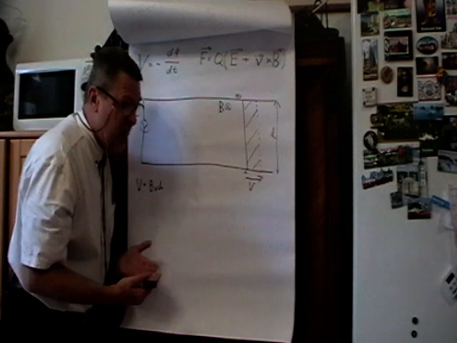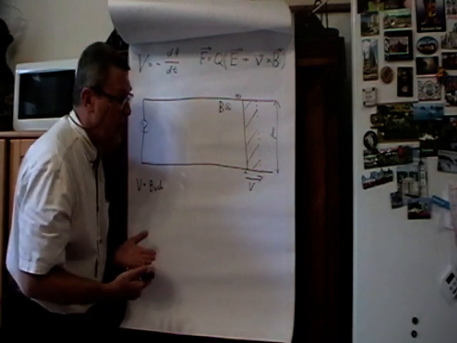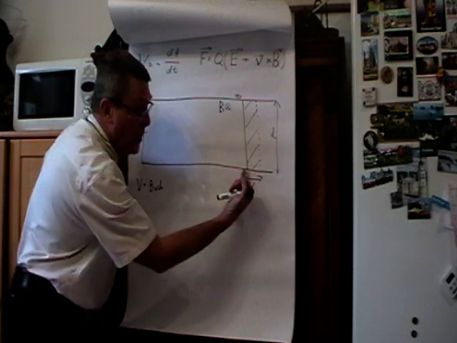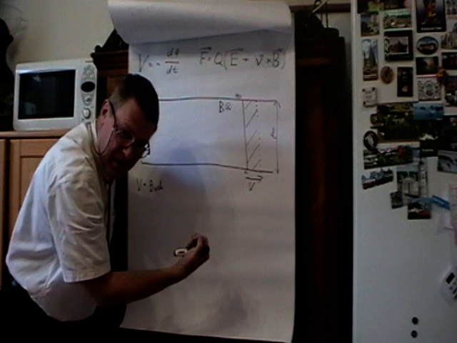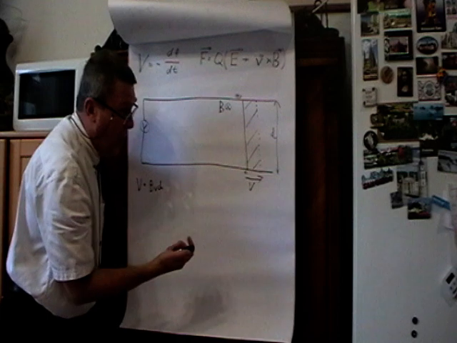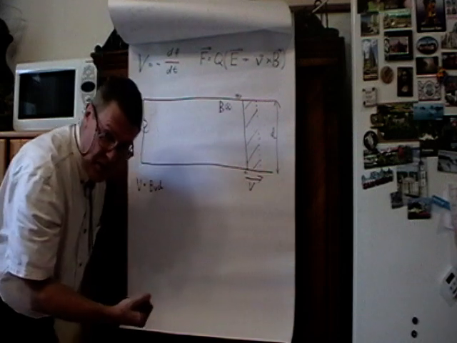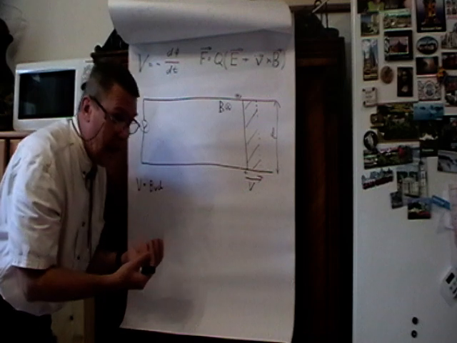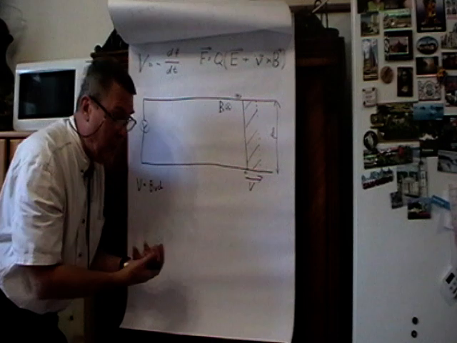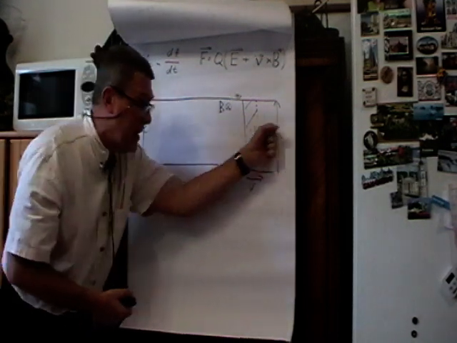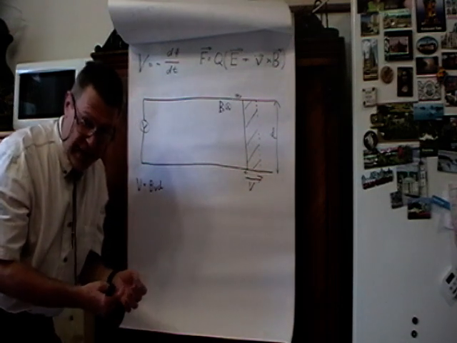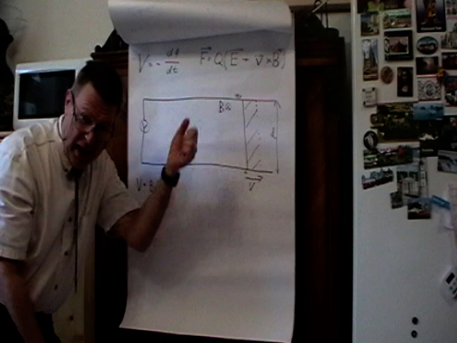And this field strength within the conductor would act against the movement of the electrons. It would drag them back to their nuclei. And the equilibrium would be reached if and only if the force that is caused by movement in the magnetic field would be equivalent to the force that is caused by those charges dragging them back.